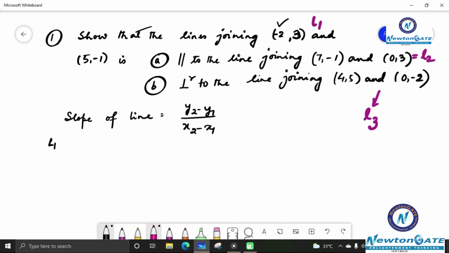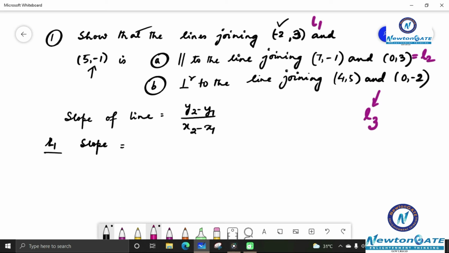For L1, I'm taking this point as x2, y2. You can take any, just remember the orientation as we had discussed before. Just remember which one you are considering as x2 and which one as y2. Just keep that the same.